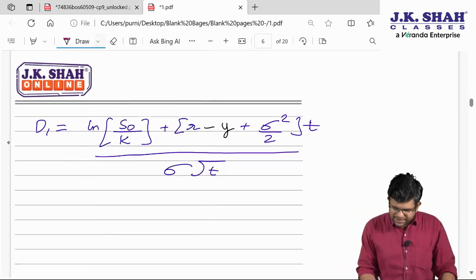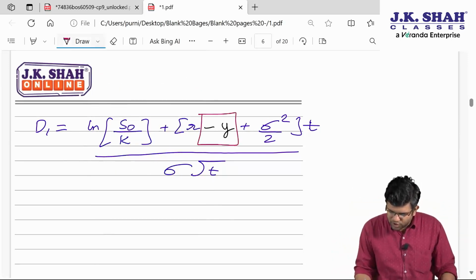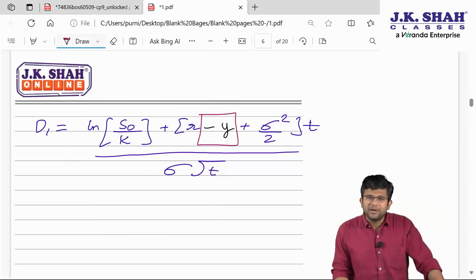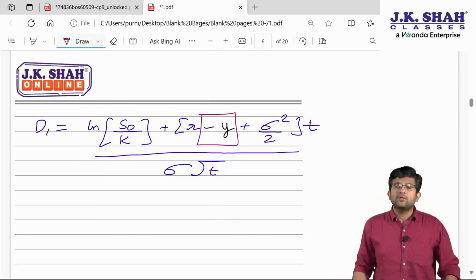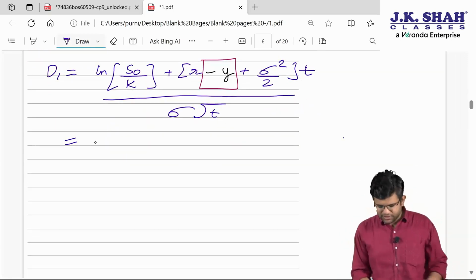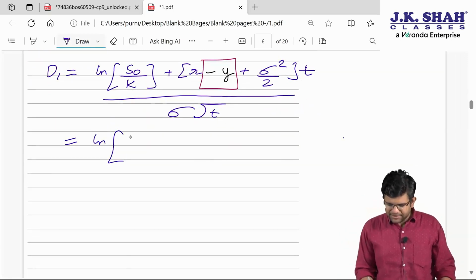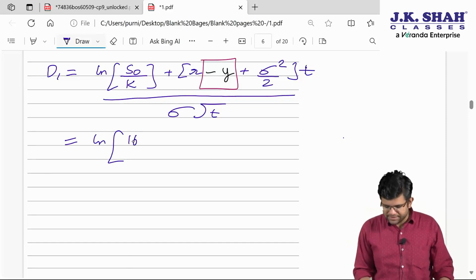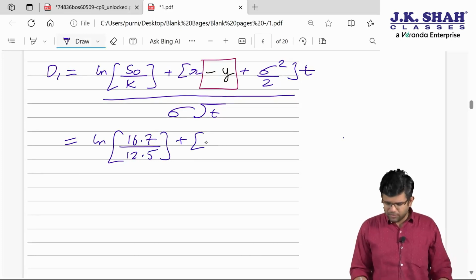That is, you are adjusting that particular dividend yield by reducing the rate in the numerator itself. So I'll tell you the second area where there is going to be a change of this particular dividend yield is in the calculation of D1, right? So now we will put numbers in this. So this is ln. Tell me S0 was how much? S0, can I say 16.7. K, as you know, is 12.5 plus R 7.8% normal, so 0.078.